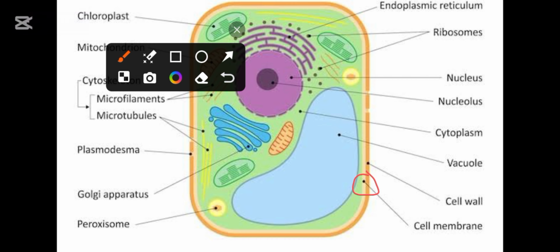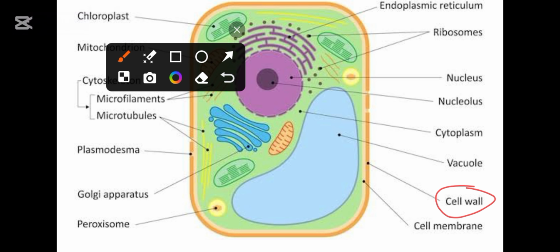Now, plant cells have a special cellulose cell wall. This cellulose cell wall performs the function of holding the cell. It prevents the cell from bursting whenever there is high osmotic pressure.